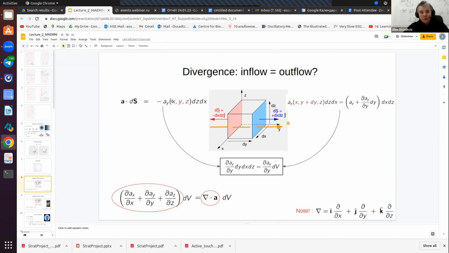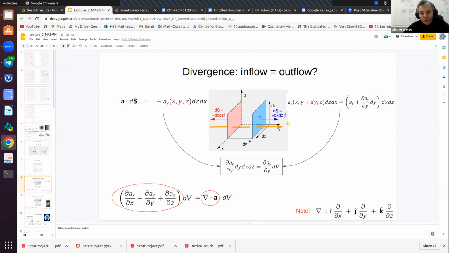This will be the amount of water passing inside through this face, taking into account the normal, given by this expression.